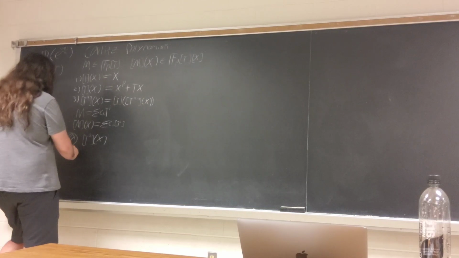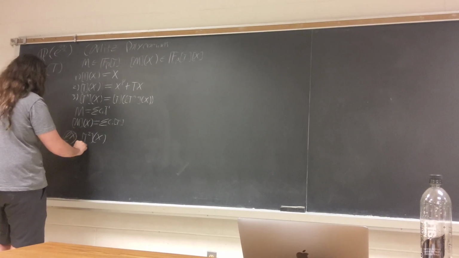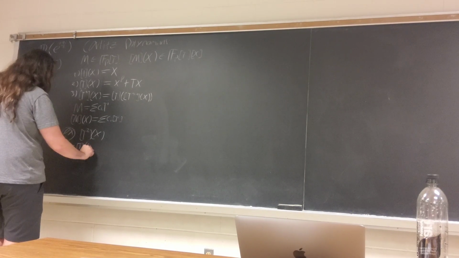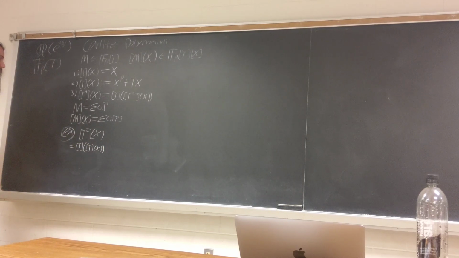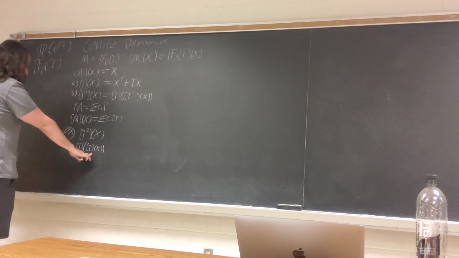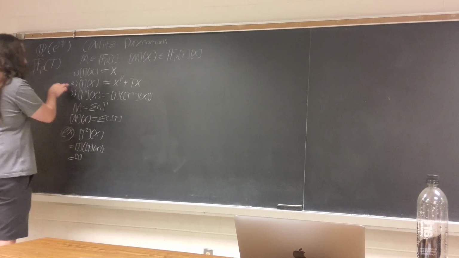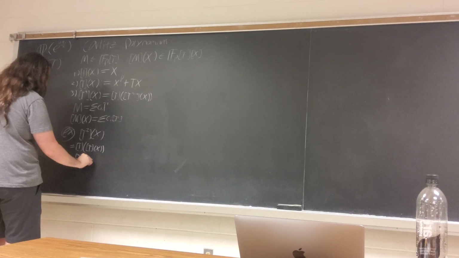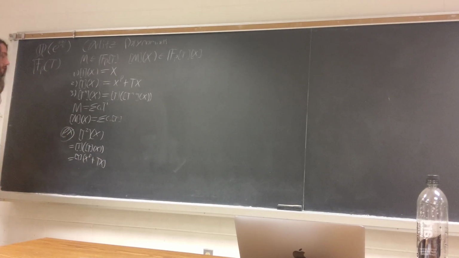So this is going to be equal to just [t], and then evaluated at [t^(2-1)], 2 minus 1 is 1, so that. And now we know what this is just by the second rule. That's going to be x to the p plus tx.